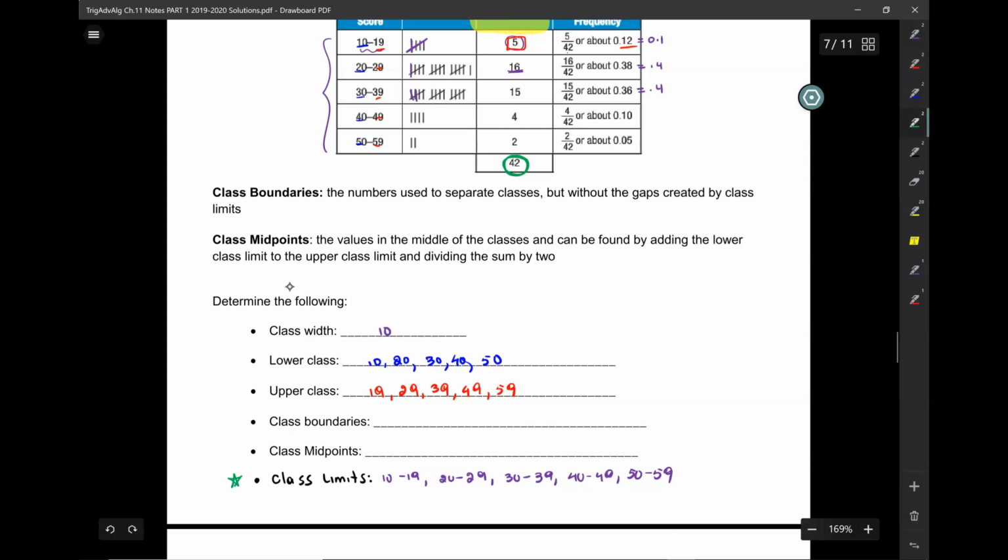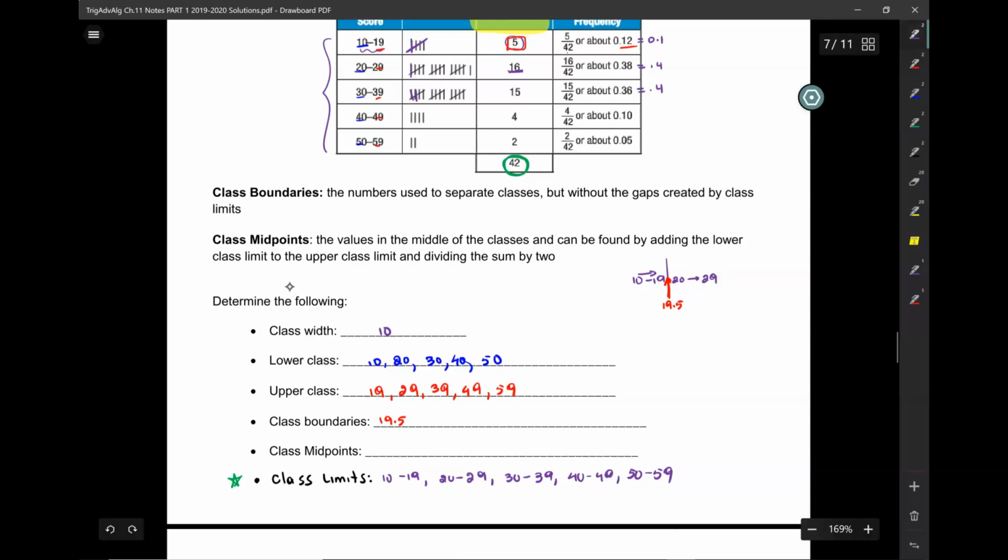Okay, now class boundaries. Let's talk about this for a minute. I have one class that goes from 10 to 19, right? And then I have another one that goes from 20 to 29. Okay, what's this border number here? 19.5, right? That's the boundary, 19.5.